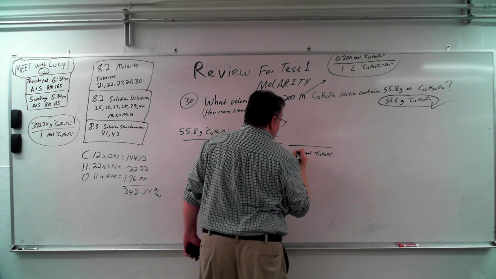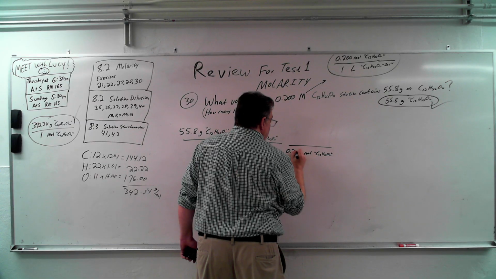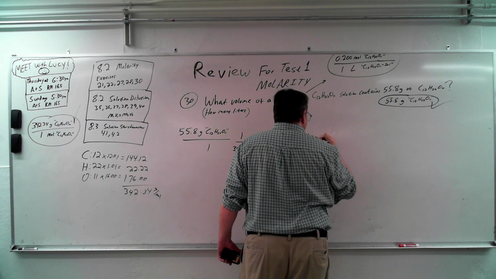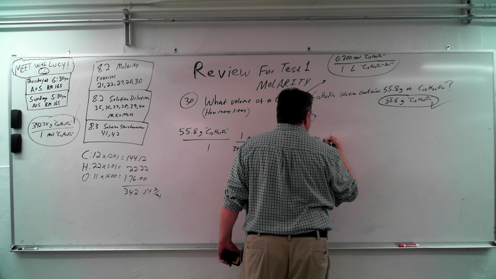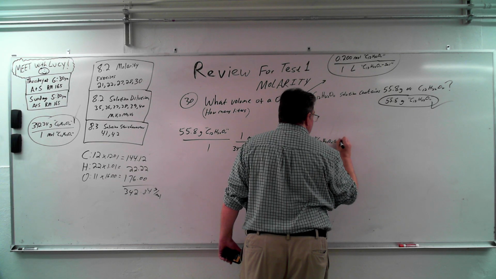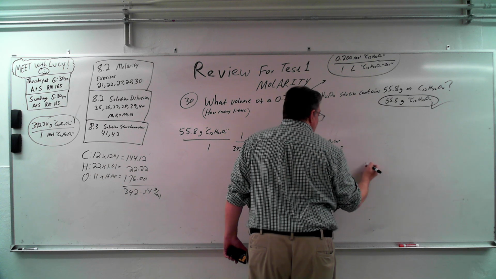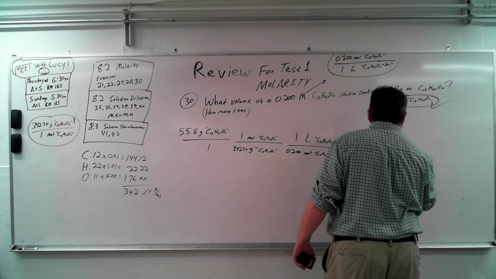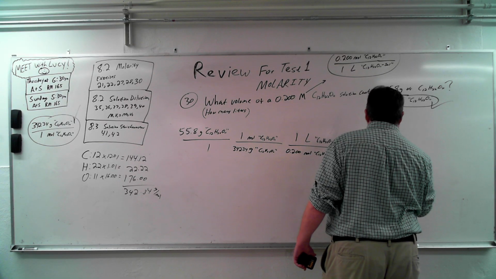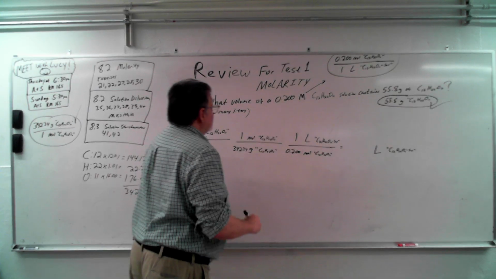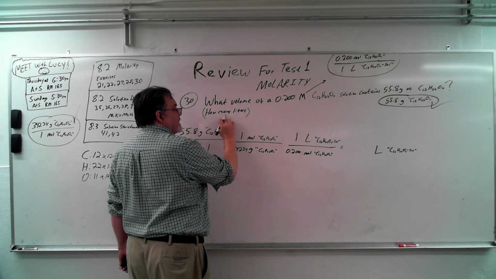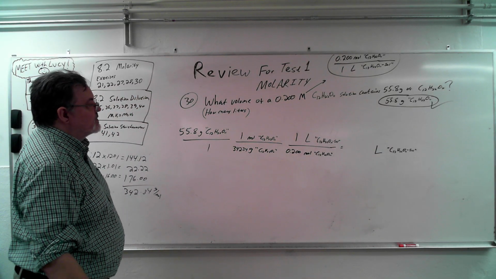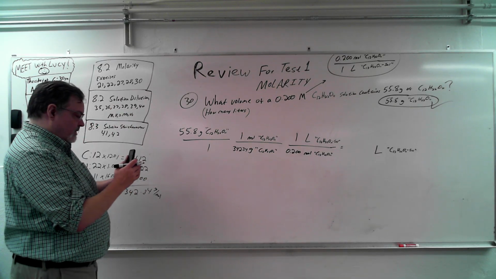This one has moles: 0.200 mole of that to 1 liter of C12H22O11 solution. And that will make us end on liters of C12H22O11 solution, which is what we were asking for. What volume is that, how many liters? All right, so that'll do it.